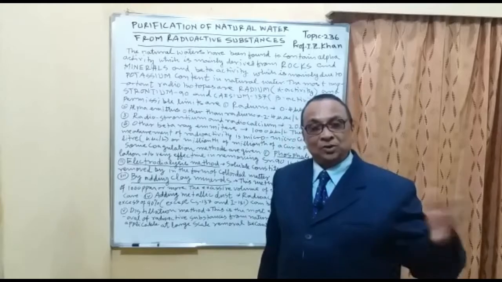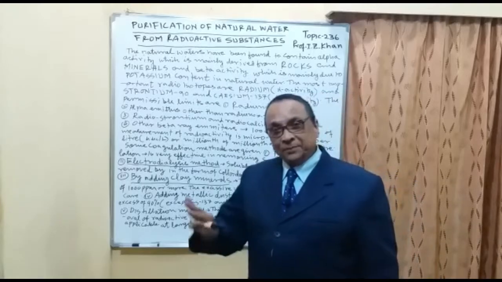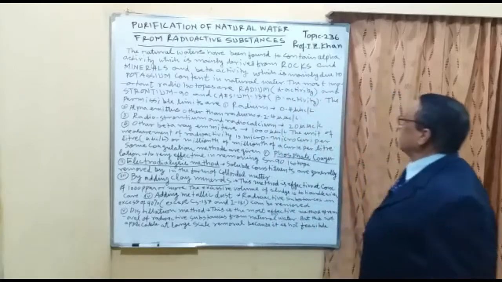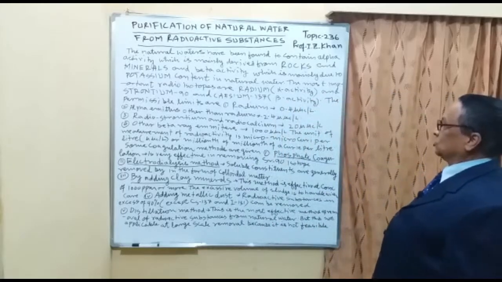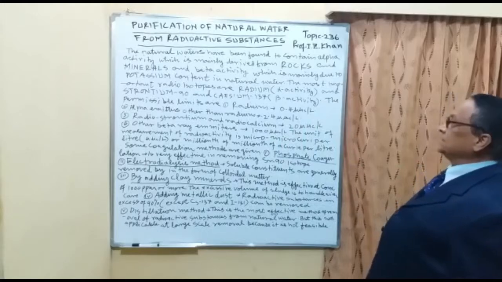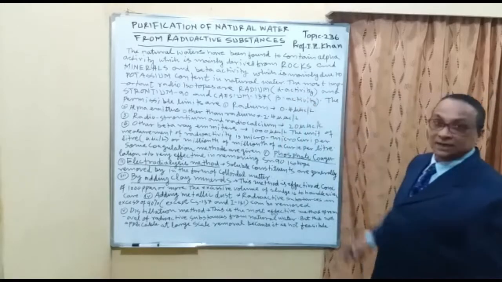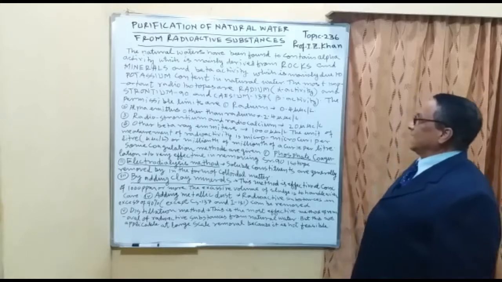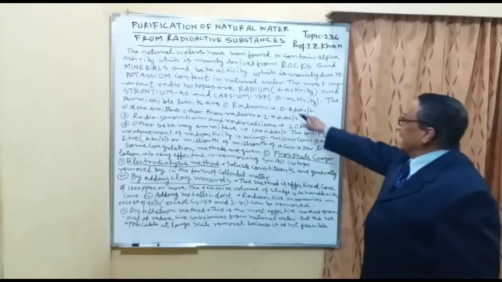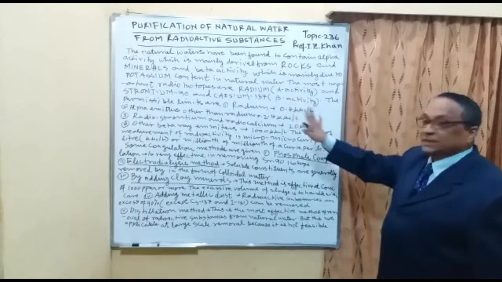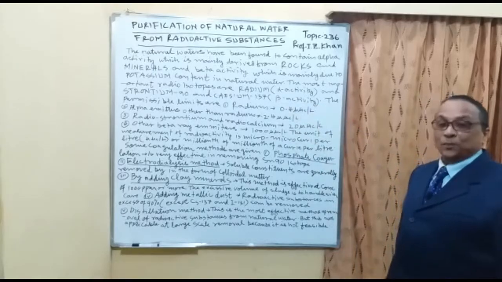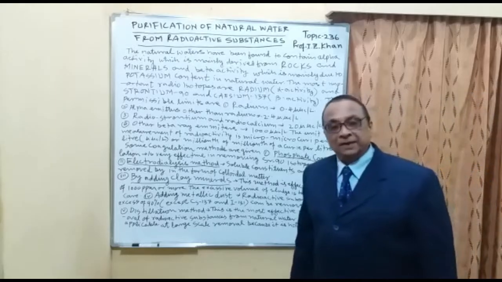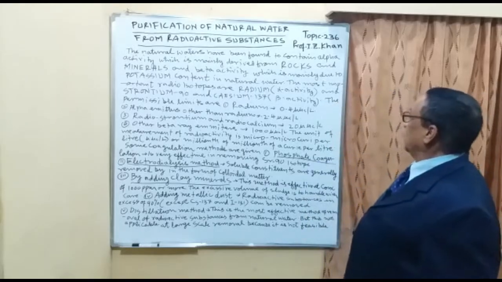And beta activity is due to potassium isotopes in natural water. The most important radioisotope is radium, which gives alpha activity in natural water, and strontium 90 and cesium 137 give beta activity. So these are the isotopes responsible for alpha and beta activity in natural water.